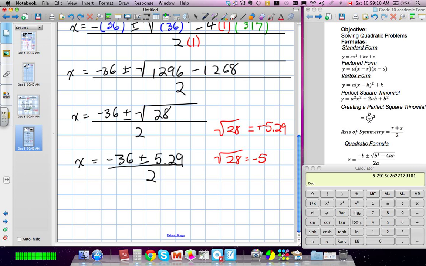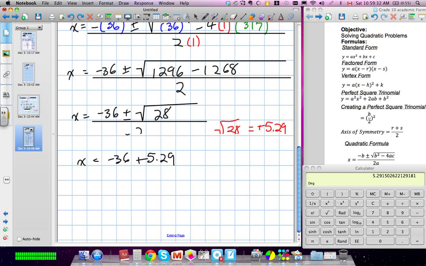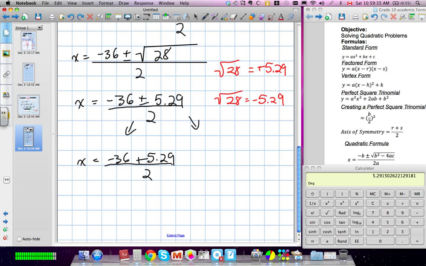So we split the equation, we get x is equal to negative 36 plus 5.29 divided by 2. And the other option is x is equal to negative 36 minus 5.29 divided by 2. Which makes sense because we're looking for two x-intercepts now.